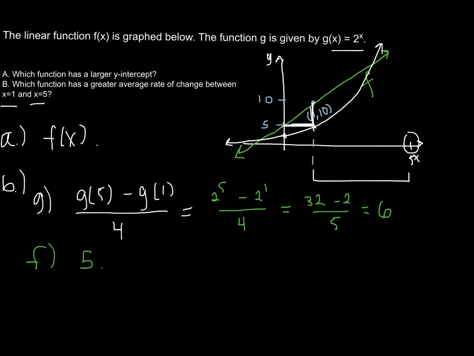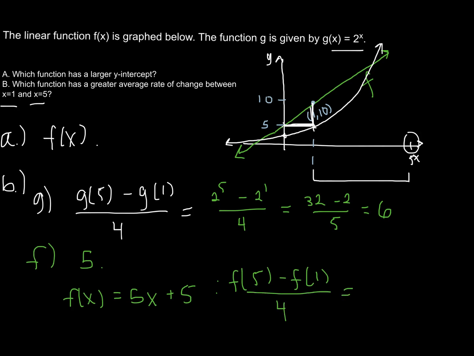Now we could of course use the function. Let's say that we were given the function and the slope is 5, so f of x is going to be 5x plus 5 because the y-intercept is 5. And so we could use the average rate of change formula in the same way that we did before. So we'll have f of 5 minus f of 1 divided by the number of spaces it took, which is 4.